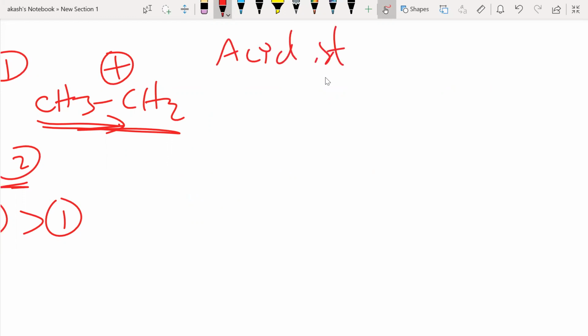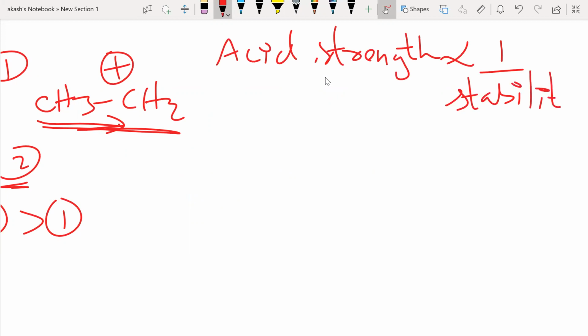Acidic strength is directly or inversely proportional to the stability of what? If I have an acid, it will be more acidic if the dash is more stable.